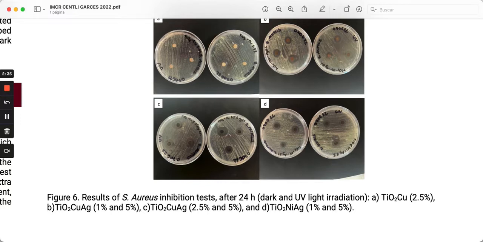The first is inhibition by photocatalysis, and the second is rupture of the cell membrane by action of the silver, since the cell membrane has a negative value in millivolts, and since the silver nanoparticles have a positive charge, they adhere to the cell membrane of the bacteria.